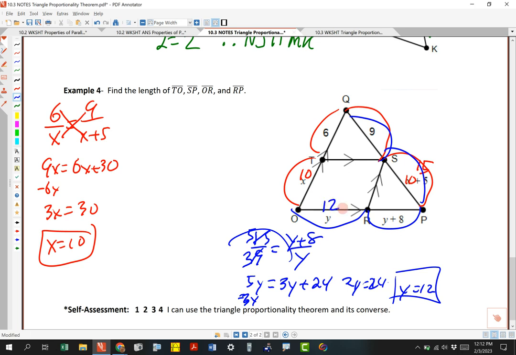Okay, so that piece is 12 and that piece is 20. Everybody good? Okay, so TO is 10. SP is this one right here, that's 15. OR is this one right here, it's 12. And RP is this one right here, that's 20.